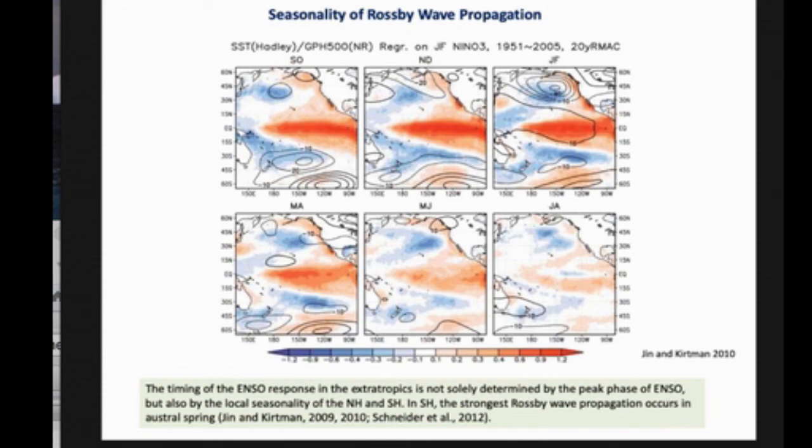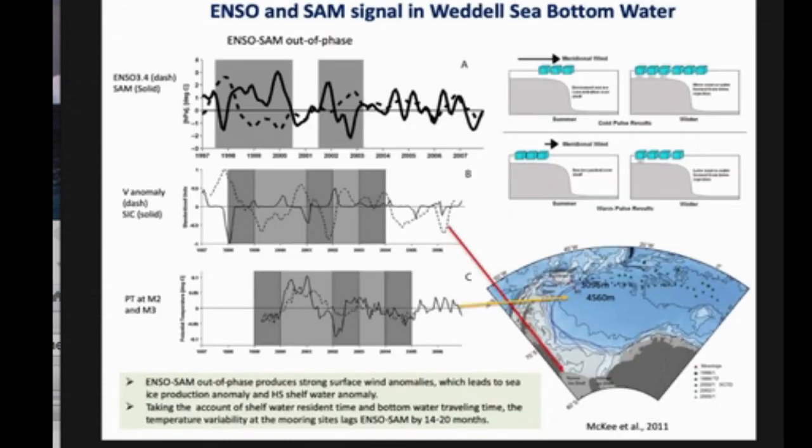Okay, so now we move to the ENSO impact beyond the surface. This is a study we did with Darren McKee, who was approved as a student just recently, and he did it as an undergraduate intern in my group.